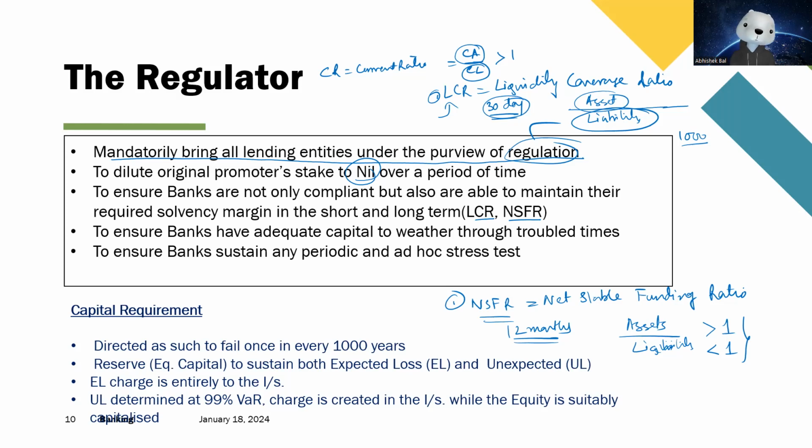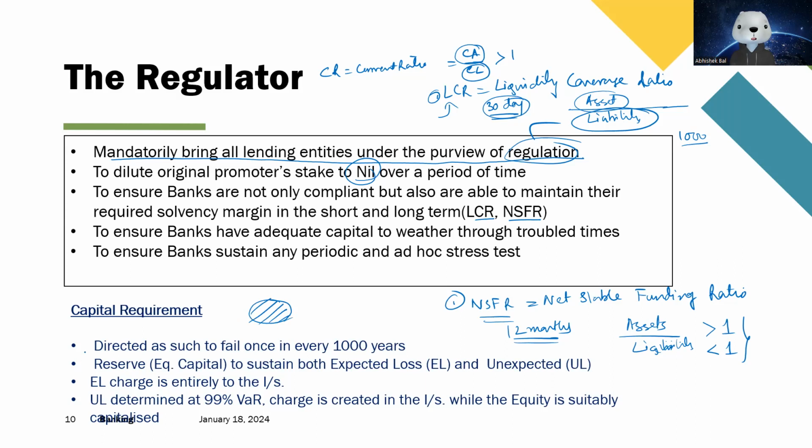Now, we talked about the probable failure of a bank by the structure itself, and how the promoters of a bank, if they are unchecked, can subject the bank to enormous risk. So as a mitigant, the regulator insists the promoter keep a certain capital reserve in their bank.